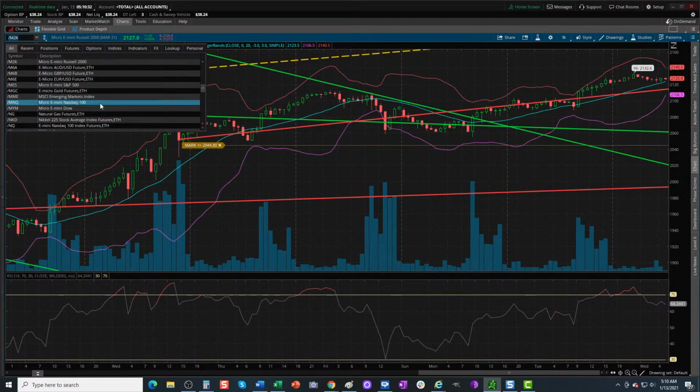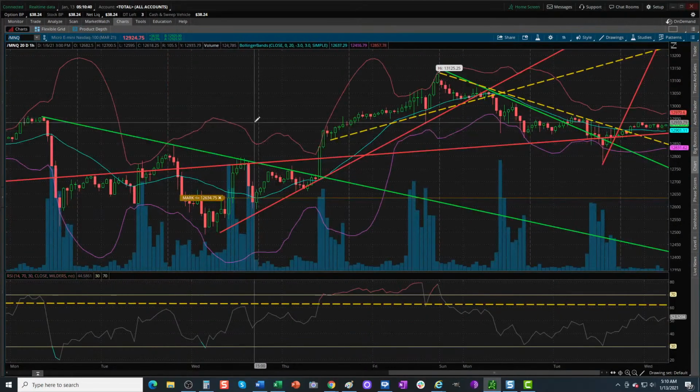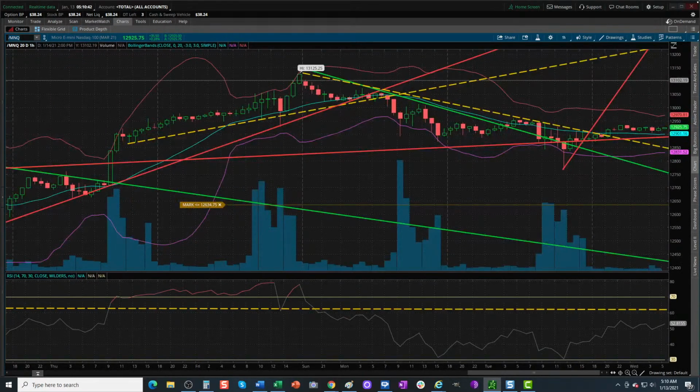Let's take a look at the Nasdaq 100. About a quarter percentage point higher. We're going to be taking a look at Amazon in a moment. Amazon had a fairly good day yesterday in that it bounced back, doji formation.